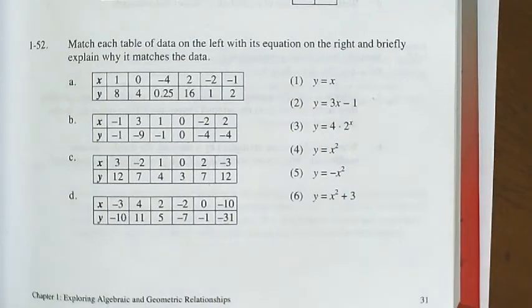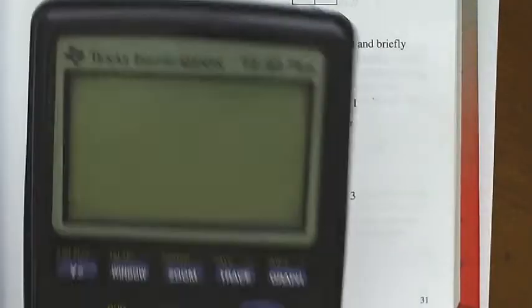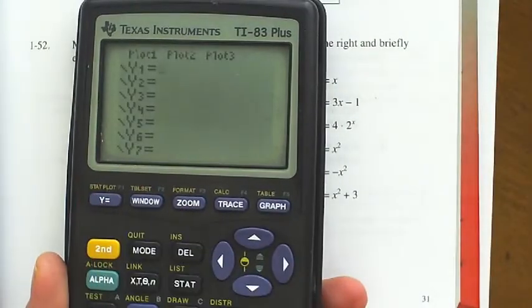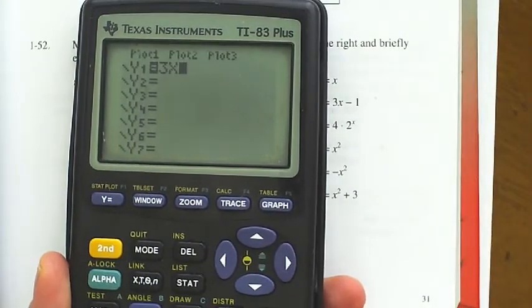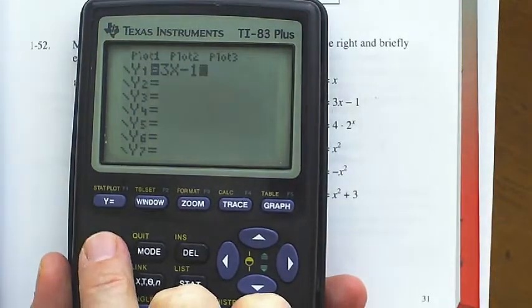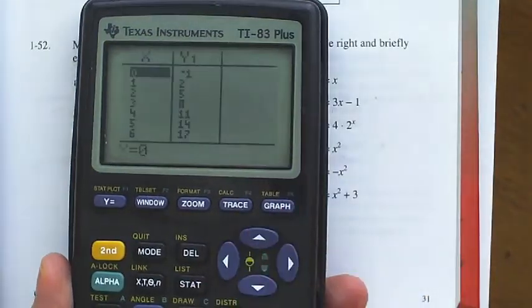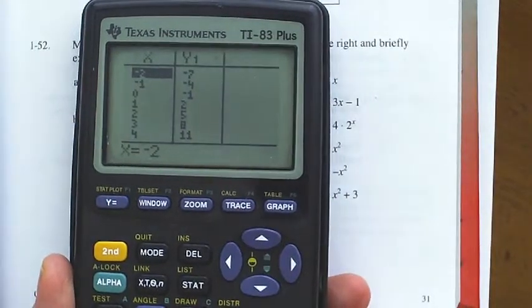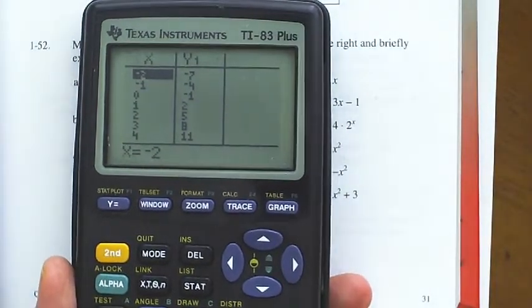Now another way to do this, if you have a graphing calculator at home, is you could enter 3x minus 1 in your calculator and then look at the table. Now I realize not everyone has this at home, but you do have Desmos. You could use Desmos to do this.